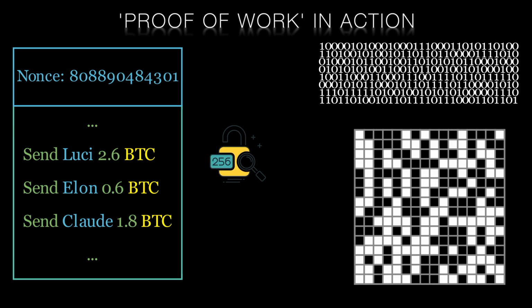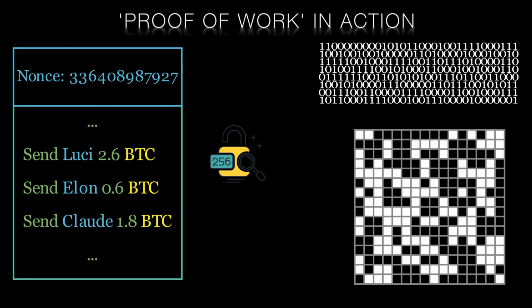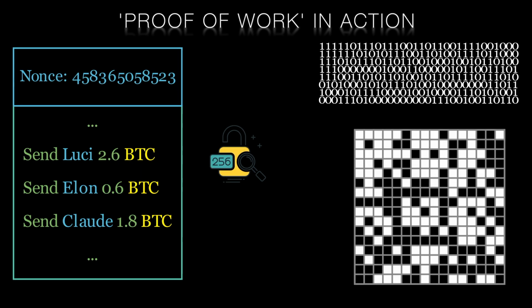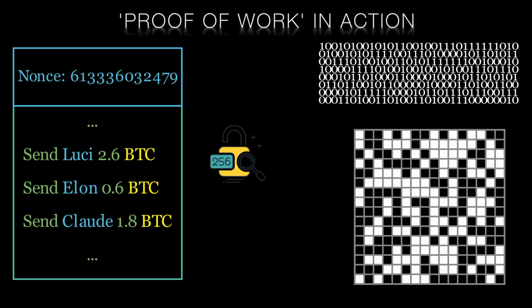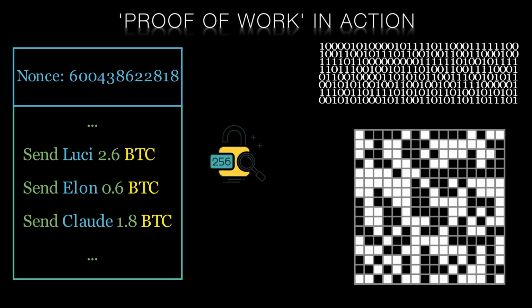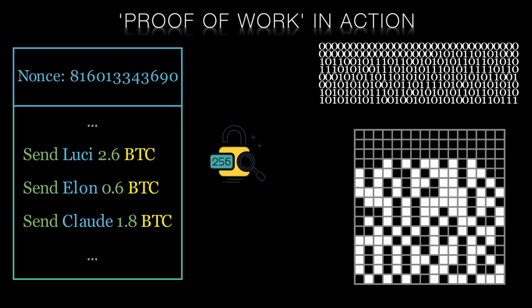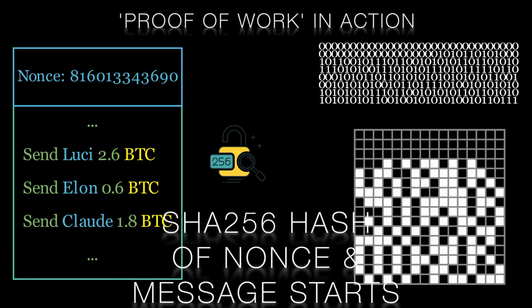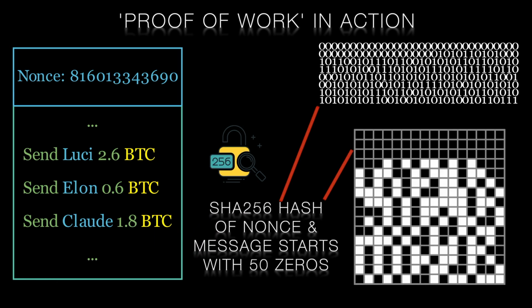Let's say 50 zeros. This will require guessing and checking multiple times, trying out a whole range of guessed nonce values until we get a digest that starts with 50 zeros. Once a miner finds this nonce, then the block and the nonce can be broadcast to the whole network.